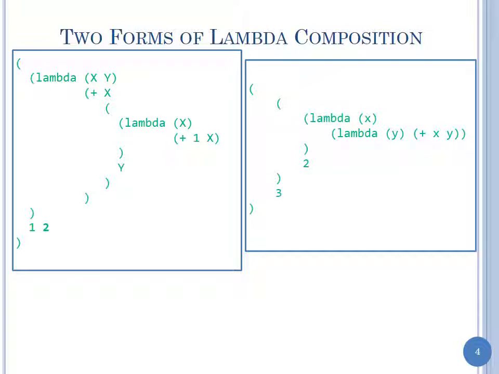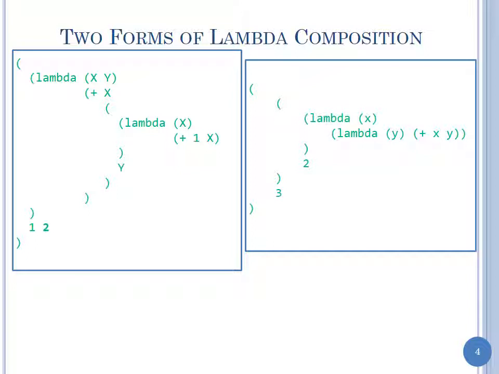In both cases, the reason they're similar is because there's lambda within lambdas. So that's why I say lambda composition. So how are they different? I mean, they compute different functions, but how are they different in some higher, abstract way?